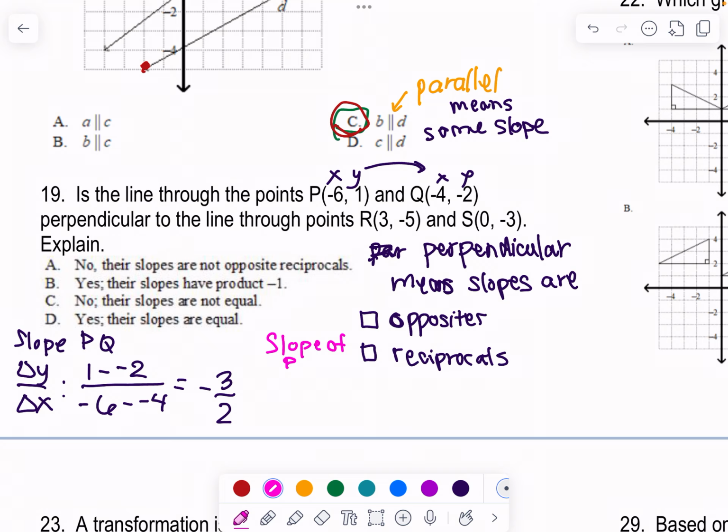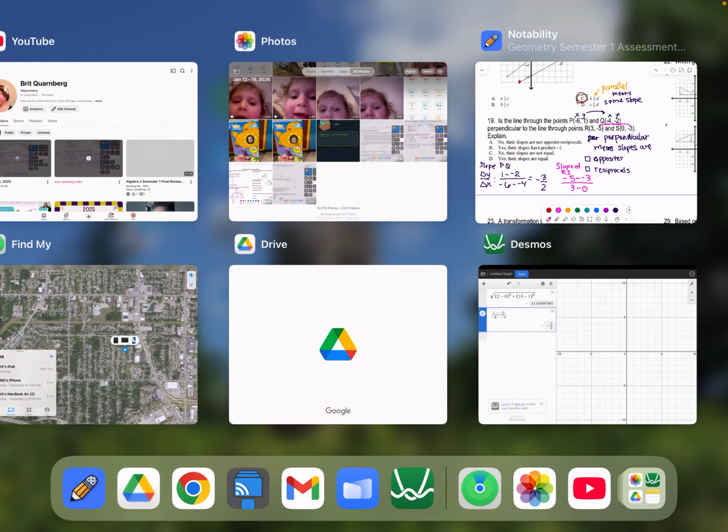And now we can find the slope of RS. Doing the same thing, I'm going to subtract this way. I want the y's first. So -5 subtract -3. That's my y's, right? And now 3 subtract 0. And I can do that here.